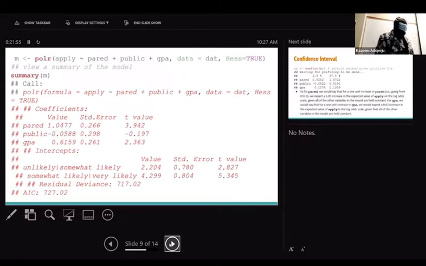Now I want you to pay more attention to the coding. I want to see this here. In the conventional logistic regression, you're going to see GLM. But in the ordered logistic, you're going to see POLR. Do you see the POLR? We use POLR for ordinal logistic.